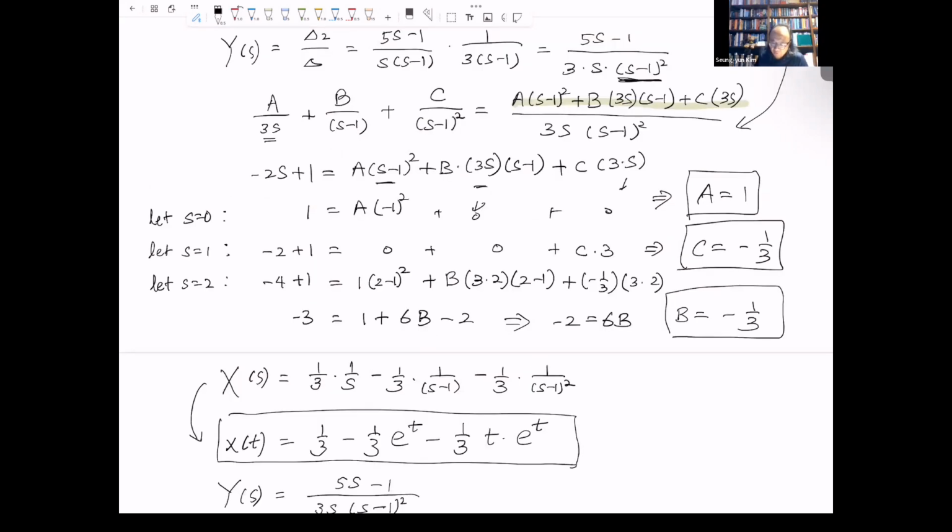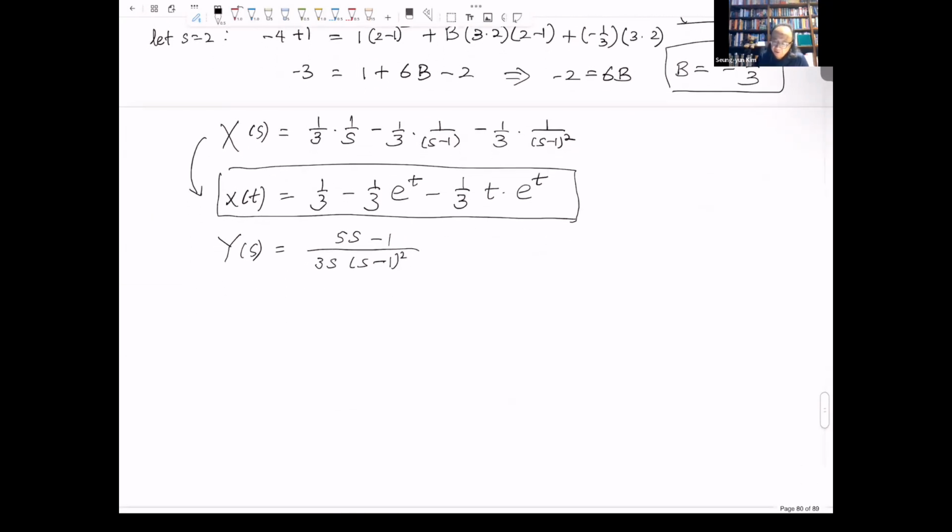Now, Y of s, I just copied down Y of s from up there. In a similar way, A over 3s plus B over s minus 1 plus C over (s minus 1) squared. And our common denominator is 3s times (s minus 1) squared.